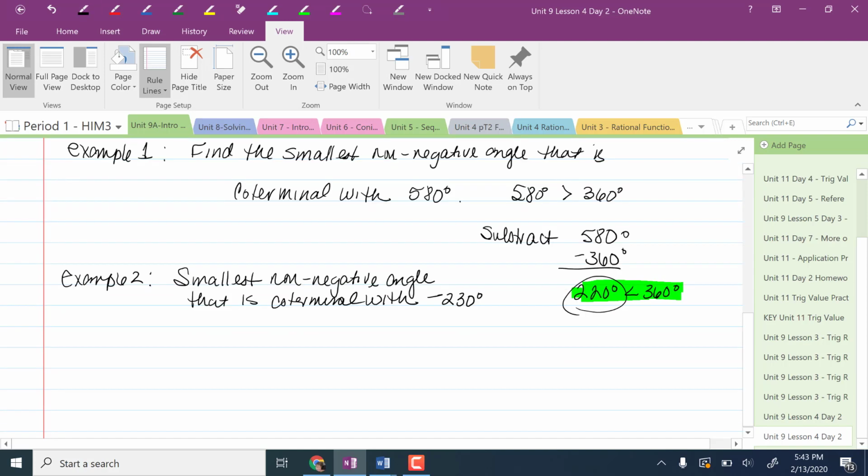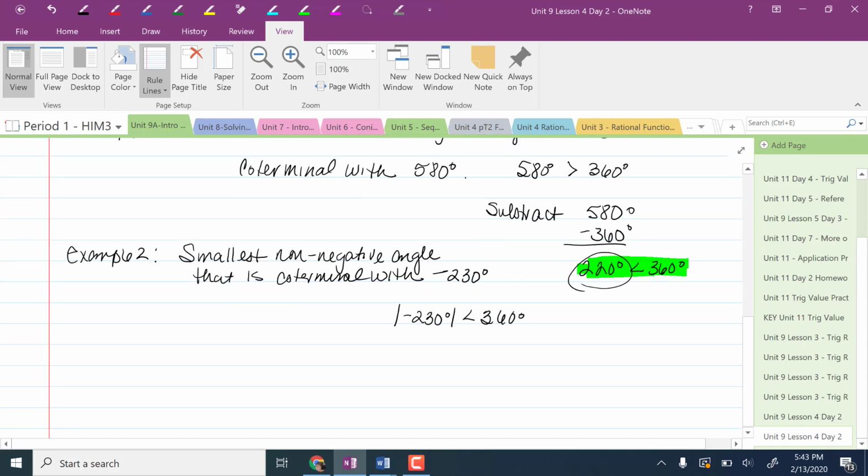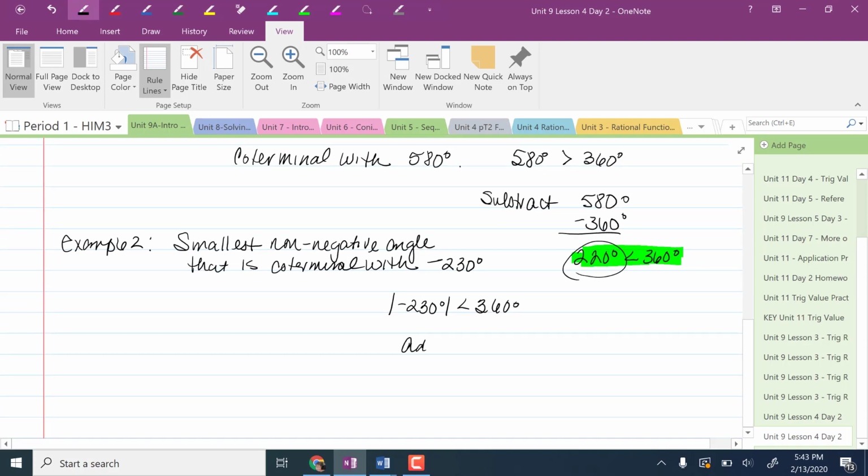We've got our negative, but again, the negative means the direction. So we're going to consider the absolute value of the 230, which this time is less than 360. So we're just going to add that negative 230 to positive 360 to get the answer to the question, which is positive 130 degrees.